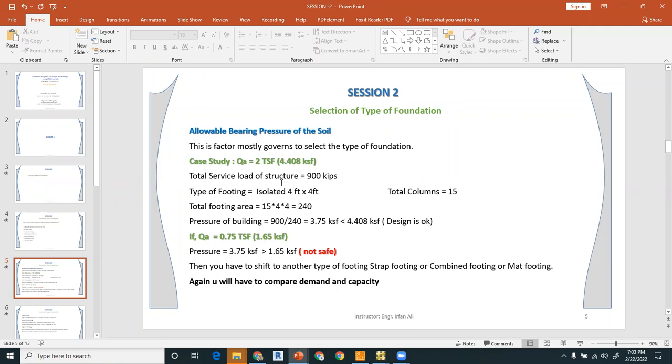This is because the factor of safety is already taken in the soil by dividing the ultimate bearing capacity by some factor, 2 or 3, normally taken as 3, to calculate the allowable bearing capacity. So for this purpose, we take the service load to calculate the area of the footing, right?